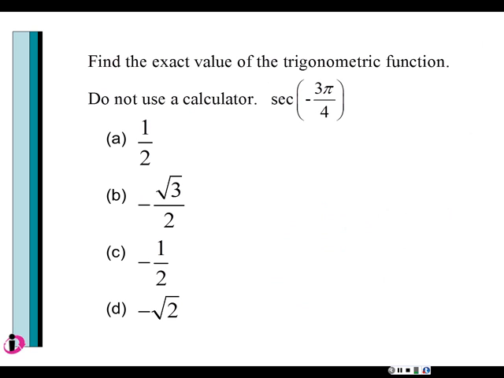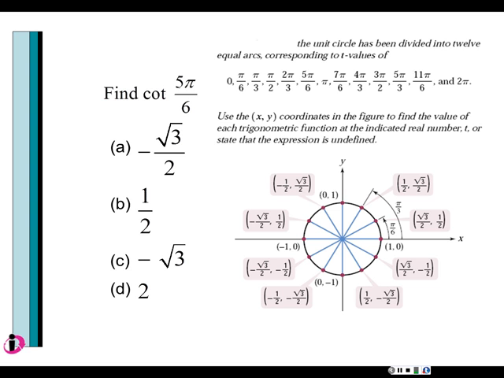One option is using the periodicity. Another option is to use this chart, because if you use this chart, you will know what's going on at different points, how the values are changing.